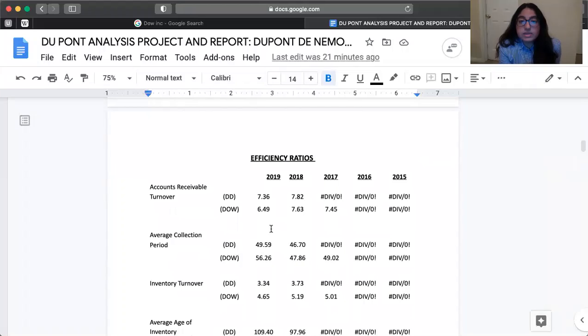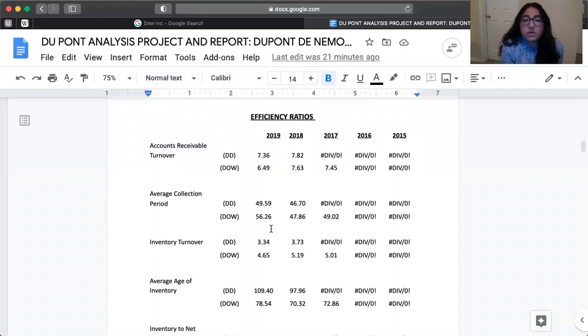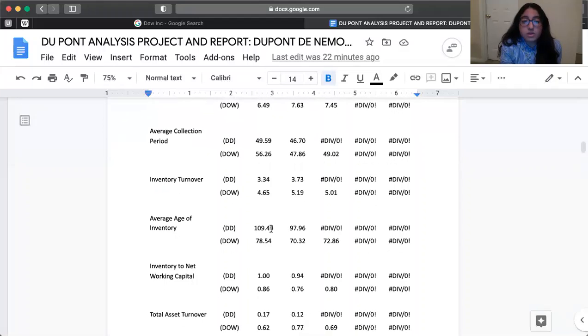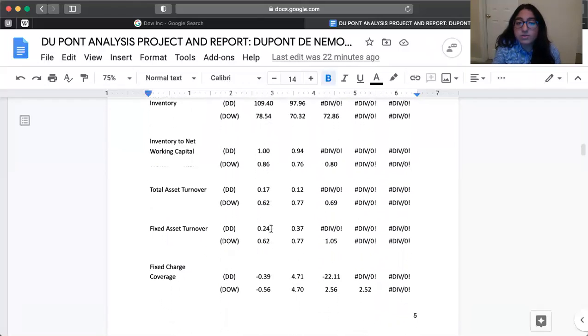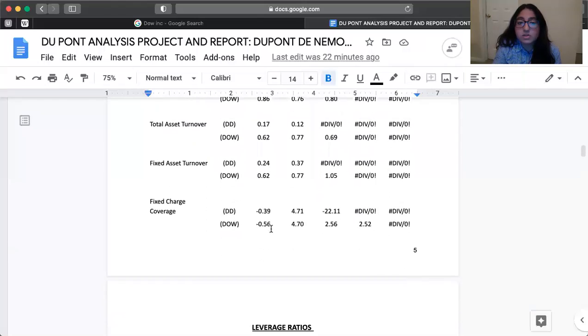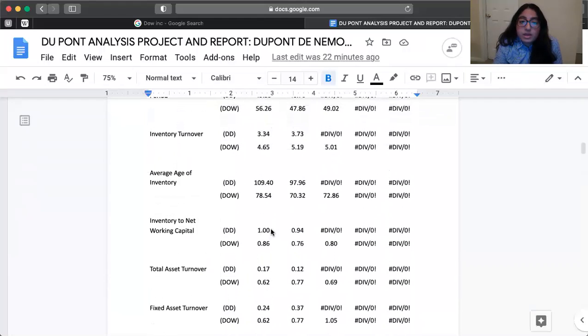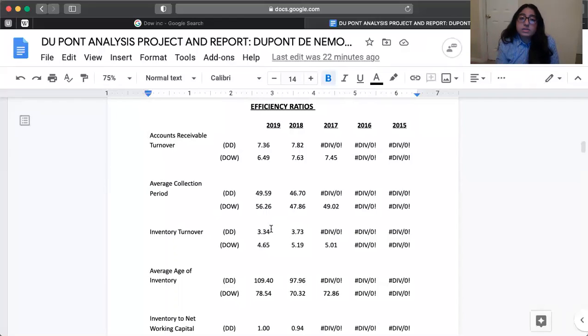And then we'll see the efficiency ratios, which are the accounts receivable turnover, average collection period, inventory turnover, average age of inventory, inventory to net working capital, total asset turnover, fixed asset turnover, and fixed charge coverage. These are the numbers from 2015 to the most recent 2019 for both Dow and DuPont.